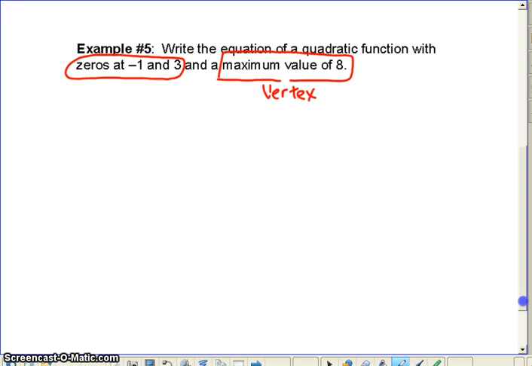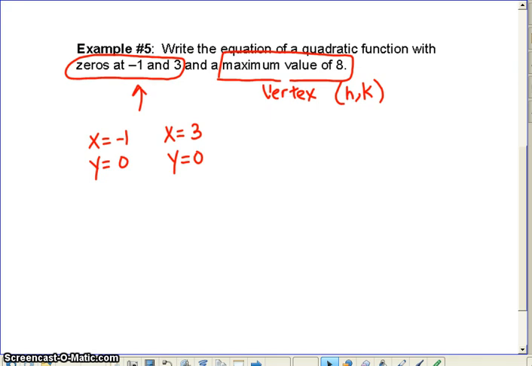So that's going to be h and k. Okay, and then zeros at -1 and 3. So x equal -1, y equals 0, x equals 3, y equals 0.